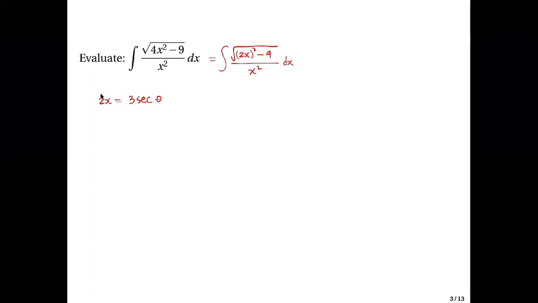Because if we do the square in here, this implies that 4x squared is equal to 9 secant squared theta. And then from here, we calculate x squared. So from this, we have x squared equals 9 secant squared theta over 4.